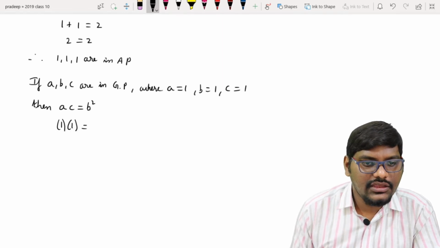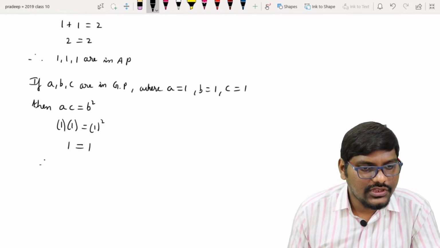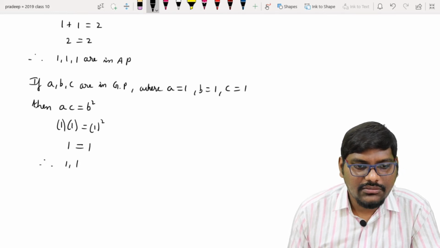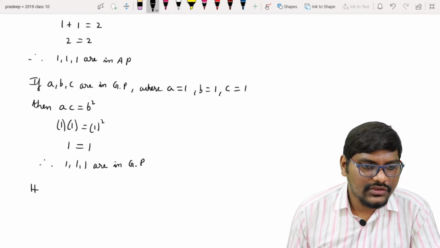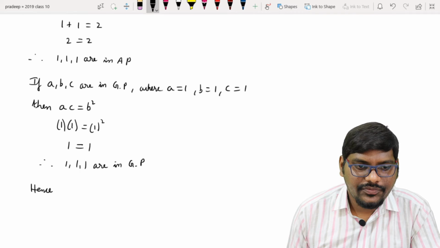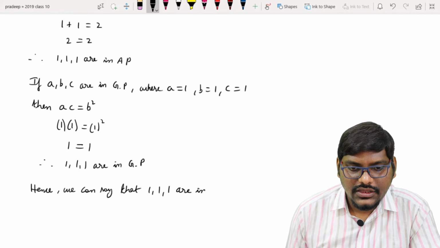What is the value of B? B is 1, so it was 1 square. 1 into 1 is 1, 1 square is also 1, so 1 equal to 1. So therefore we can write 1, 1, 1 are in GP also. Hence we can say 1, 1, 1 are in AP and also GP.